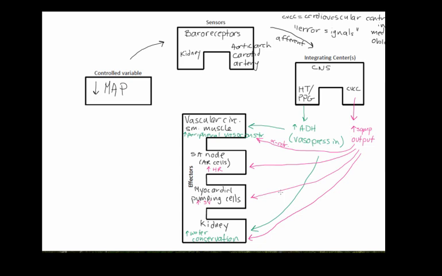Okay, what about these kidneys acting as baroreceptors? If you recall, when the kidneys detect low renal blood pressure, we have increased secretion of renin. And remember, that converts that precursor protein that's always circulating in your blood called angiotensinogen.